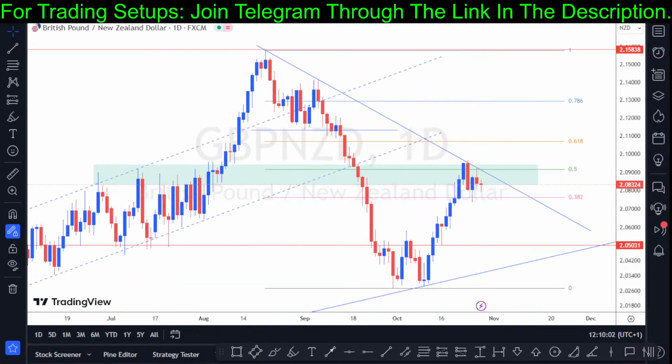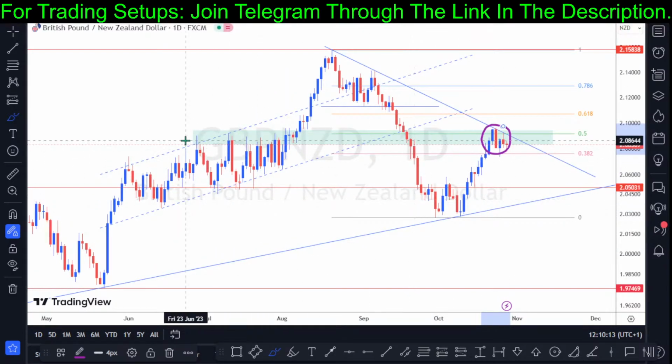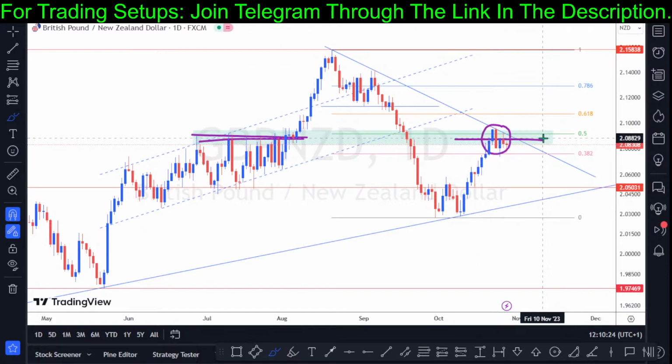This bearish engulfing candlestick forms at the 50% Fibonacci retracement level with the previous resistance structure we had before we had a massive bullish breakout. So this resistance structure is showing a significant level for price, right?